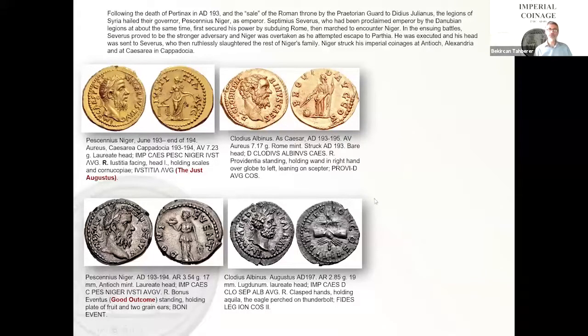Septimius Severus, knowing that he needed a strong ally, approached Clodius Albinus. Interestingly, Pescennius is Niger, black, and Clodius Albinus is white. So there were two contenders with names that are associated with colors. By the way, Pescennius was not black.